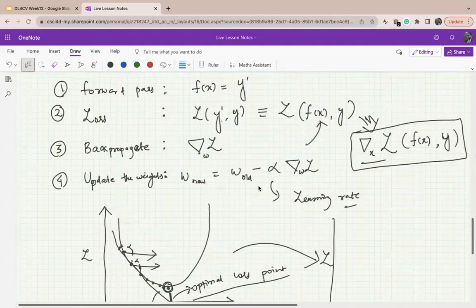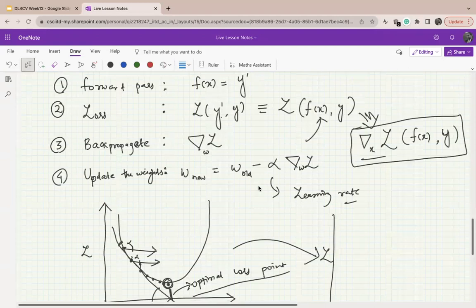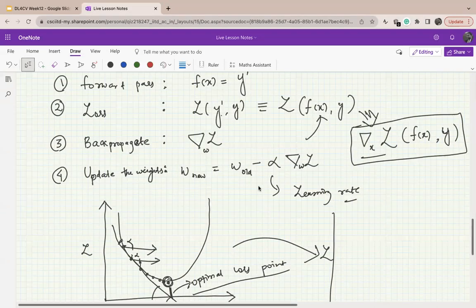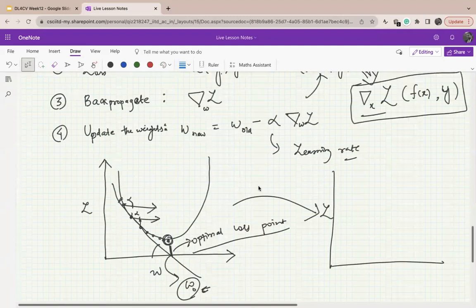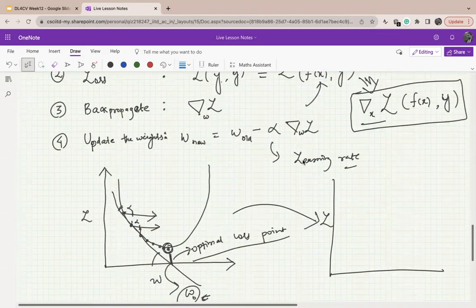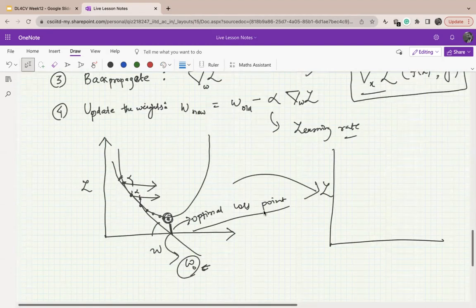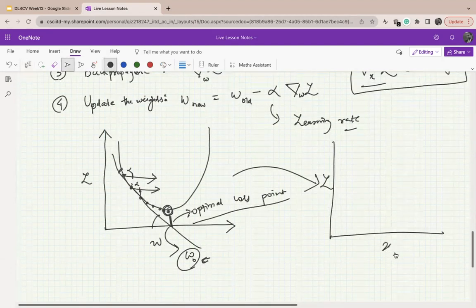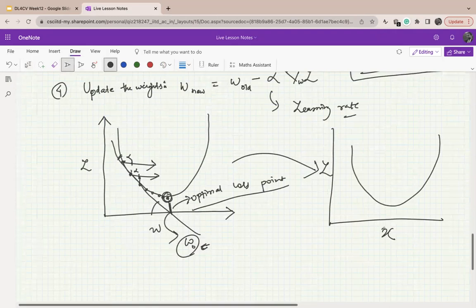So since this loss also depends on x, we can take the gradient of loss with respect to x as well. If we draw an error curve of x with respect to the loss, then x is the input.